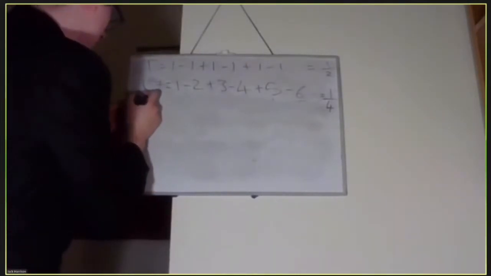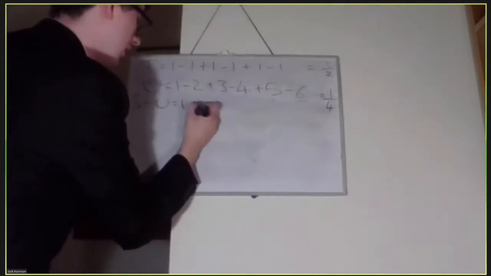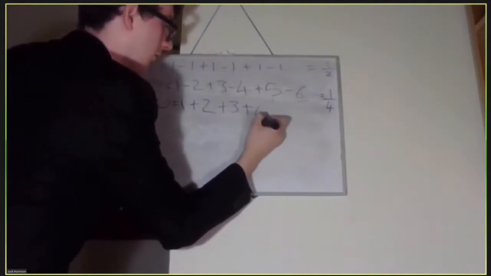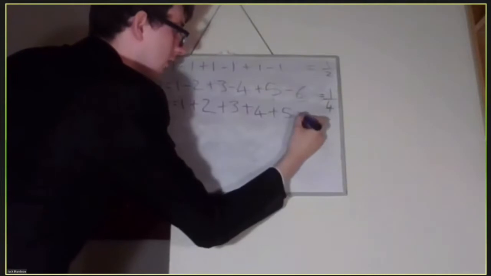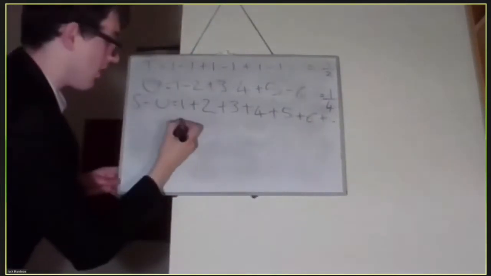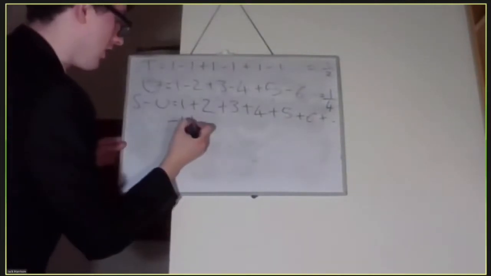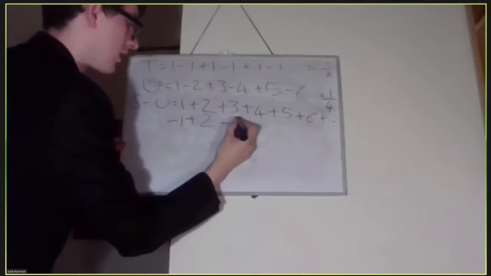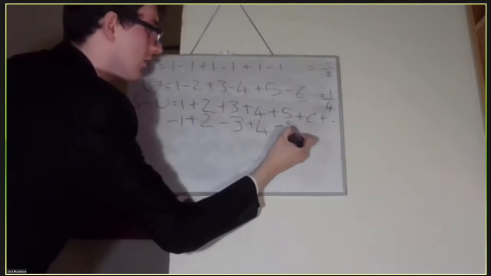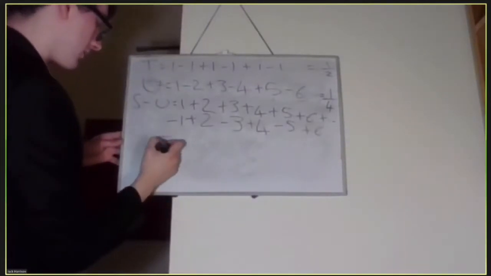But I'm going to consider S minus U, because that is 1 plus 2 plus 3 plus 4 plus 5 plus 6 plus, and so on, minus 1, because it flips the signs. We get minus 1 plus 2 minus 3 plus 4 minus 5 plus 6, and so on.